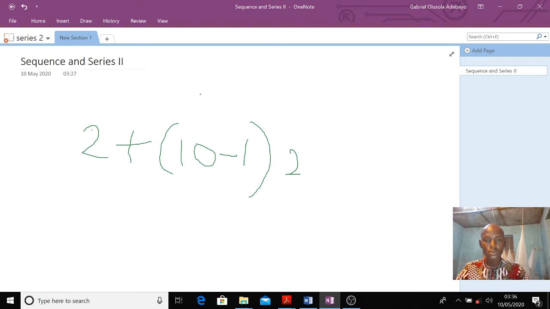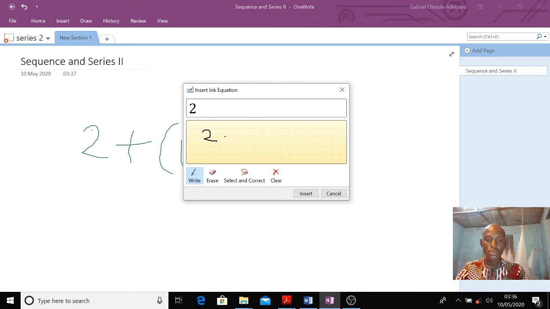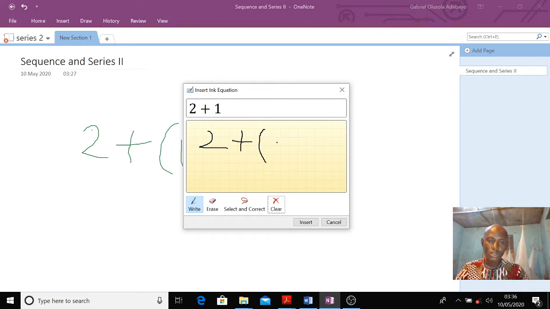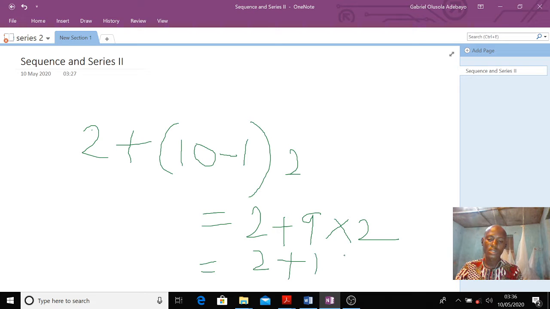So 2 plus open bracket 10 minus 1. So the answer will now be 2 plus 9 times 2, which gives 2 plus 18.